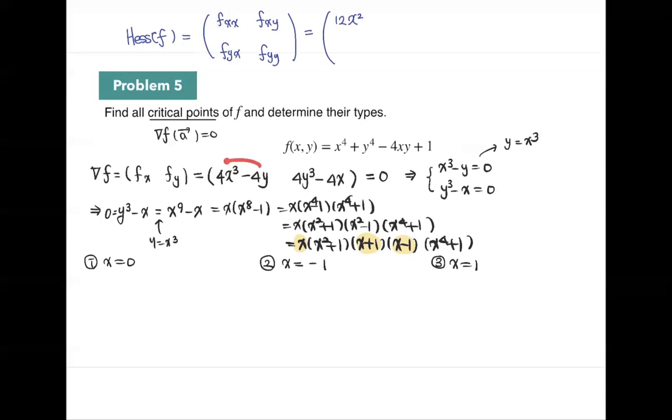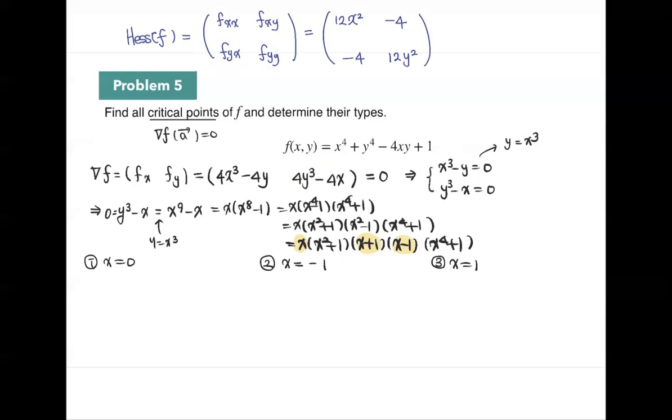If we take the partial derivative with respect to y, we have minus 4. To find fyx and fyy, we take the partial derivatives with respect to x and y. We get minus 4 and 12 times y squared. This is the Hessian matrix.